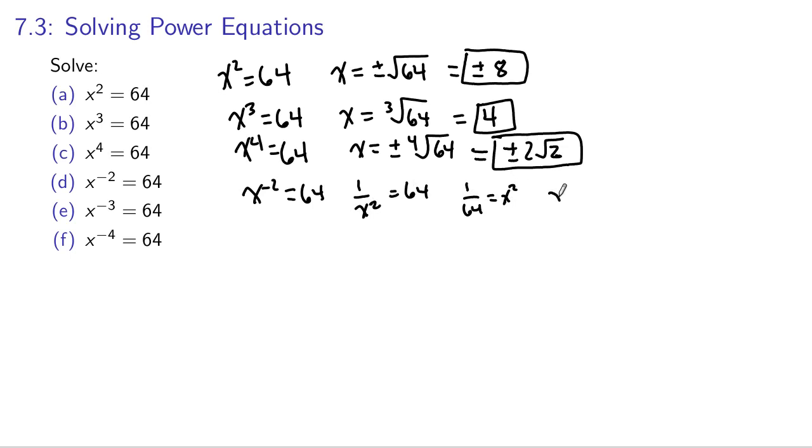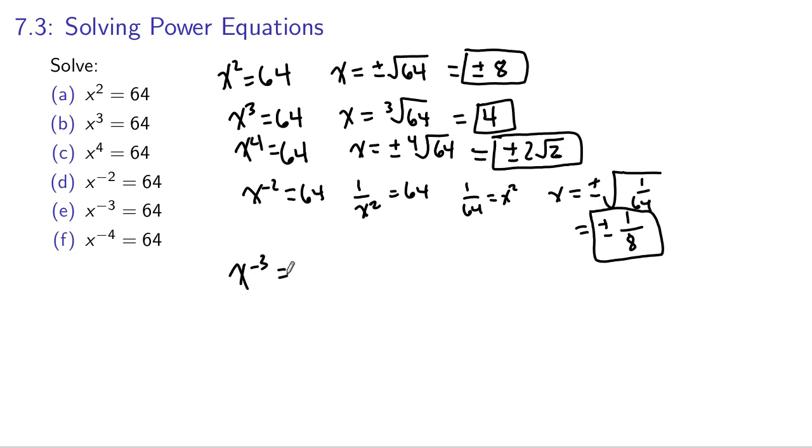So therefore, taking the square root of both sides, I have x is plus or minus the square root of 1 over 64, which is, remember, the square root of 1 is just 1, so this will be 1 over the square root of 64, which is 8. So plus or minus 1/8.